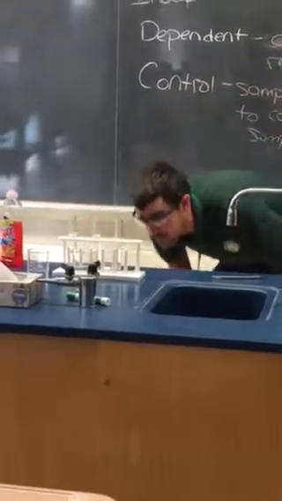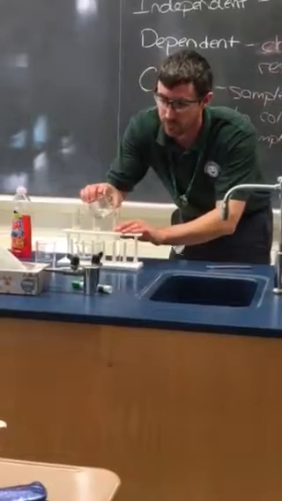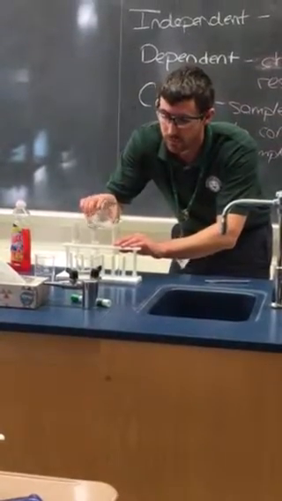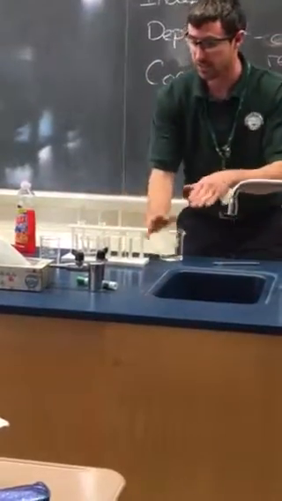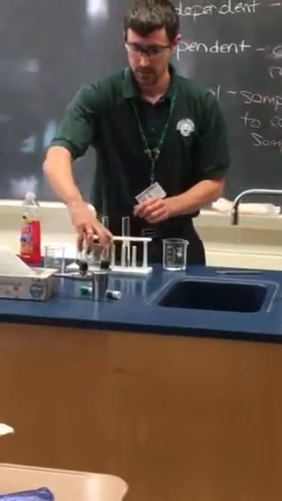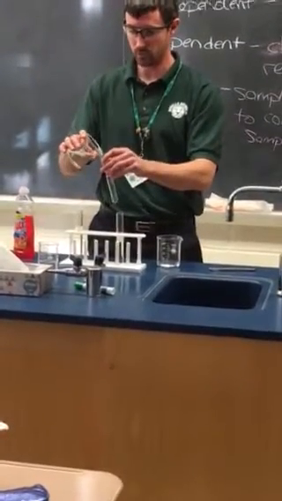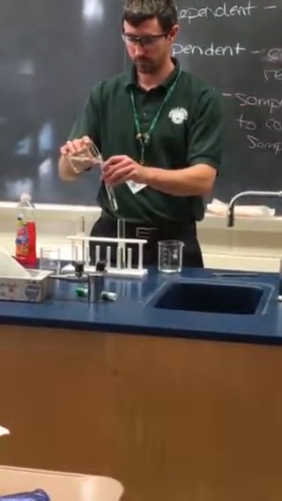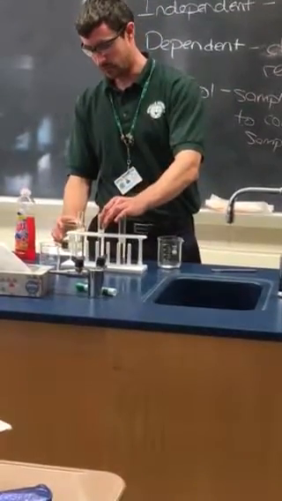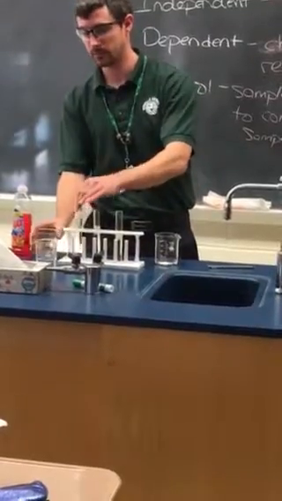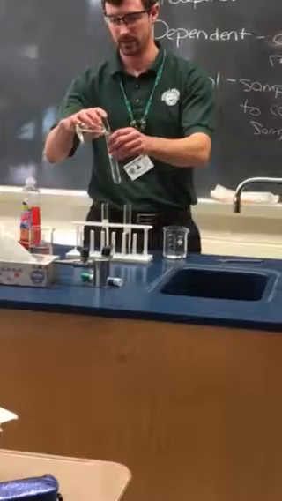So you want it about halfway full. So if you have this rack, it's about the level up to the test tube rack. And so since I already measured one, I'm just gonna compare the others to that height, so I know it's about 20.